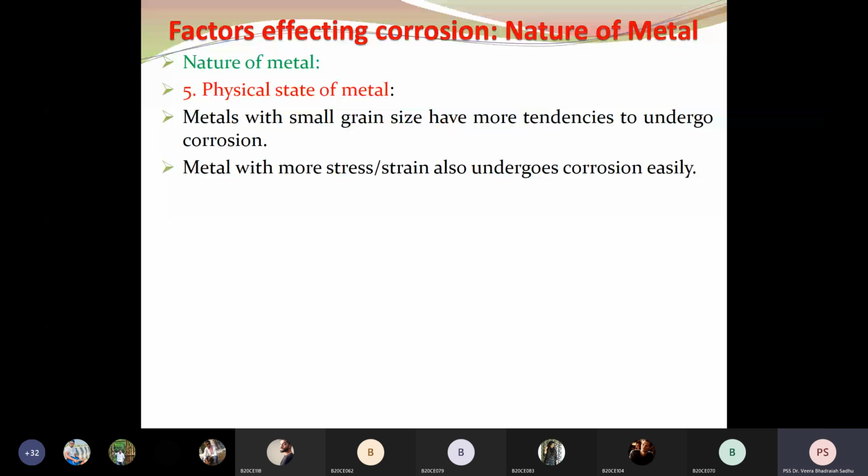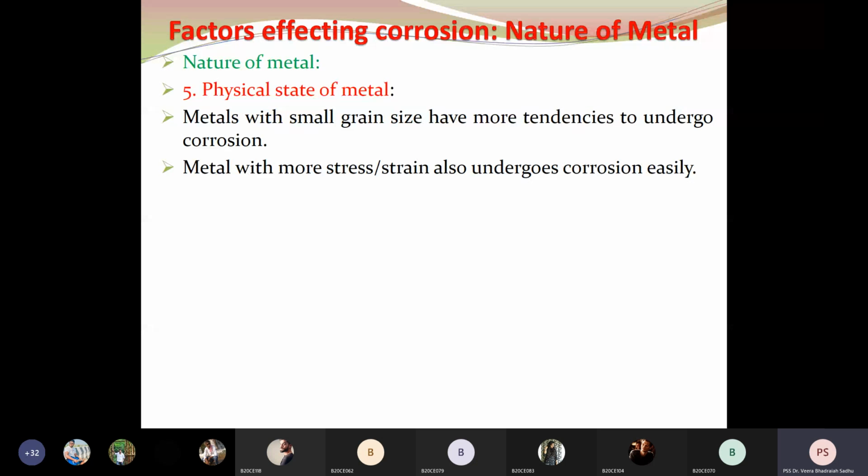Also, some metals which undergo more stress and strain undergo corrosion very easily. The physical state of the metal is a very important factor which indicates the corrosion behavior.